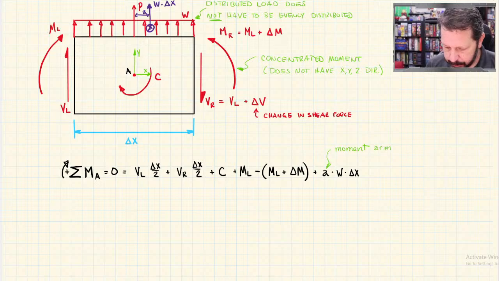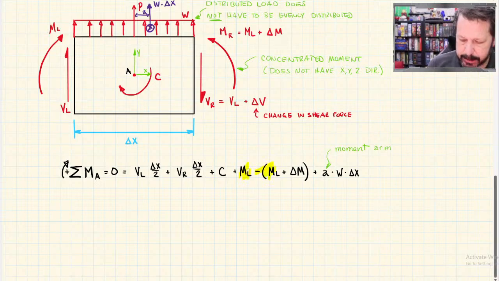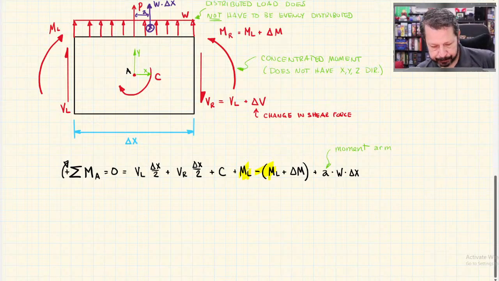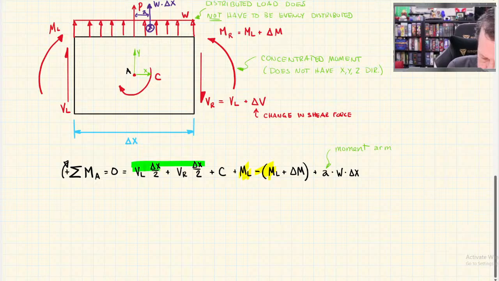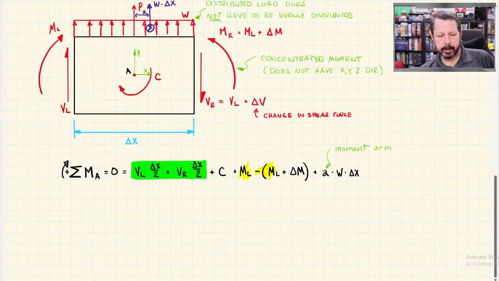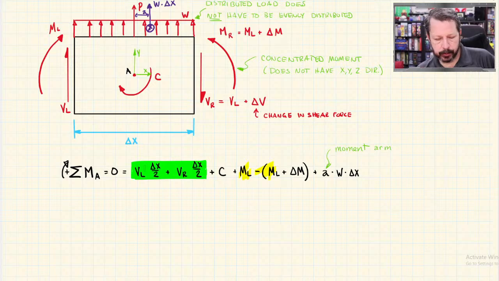All right, let's see what we can do here. First of all, I see I've got ML minus ML, so those subtract each other away. Then I've got this thing, so what this is is the shear force on the left-hand side times delta x over 2 plus the shear force on the right-hand side times delta x over 2.